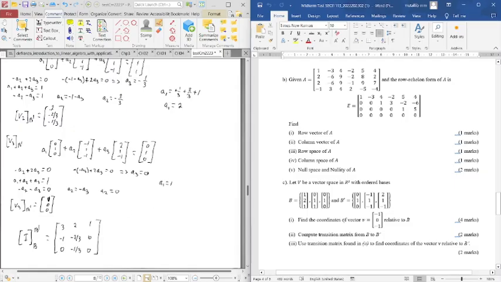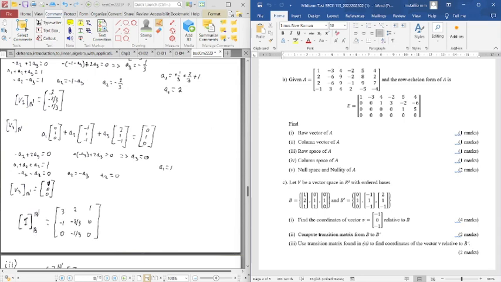To write the transition matrix, we write it like this, from B to B prime, with the ordered basis vectors, and we put them into one matrix: v1, v2, and v3. So this is how we calculate the transition matrix from B to B prime.